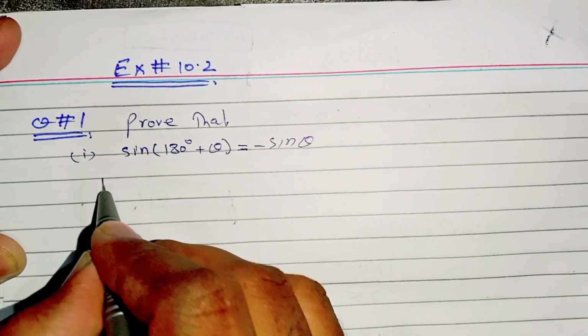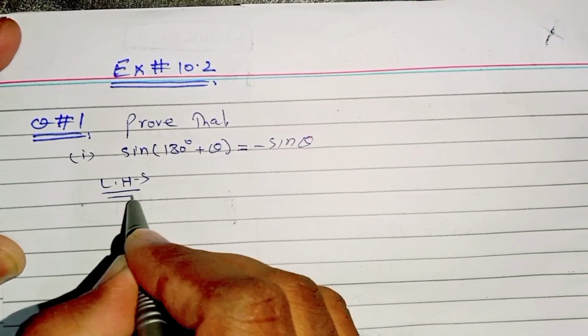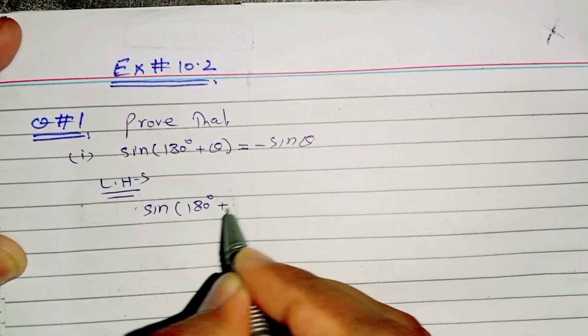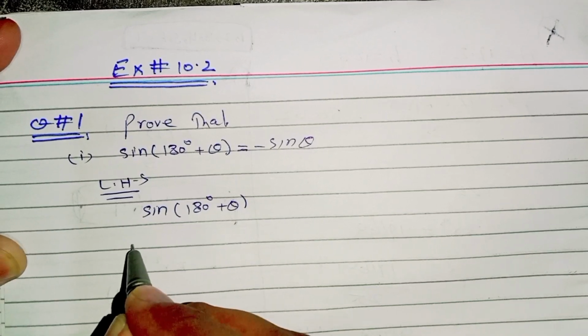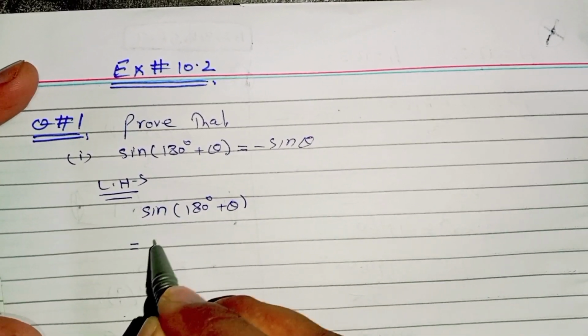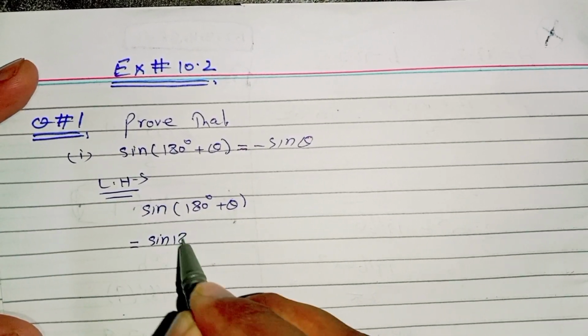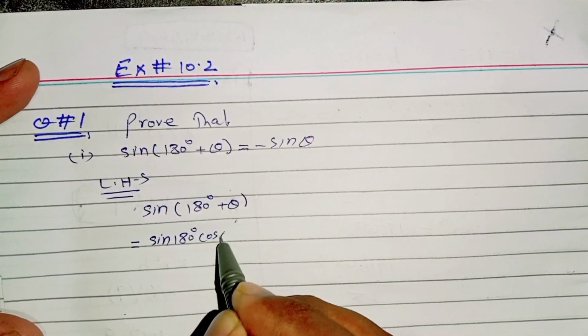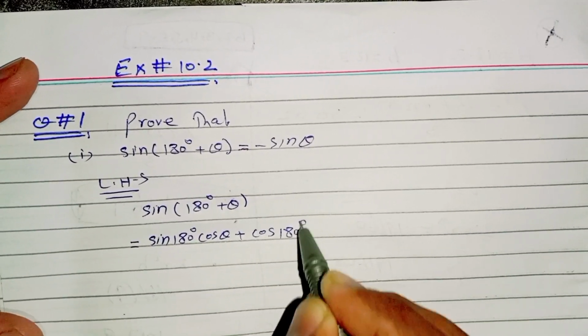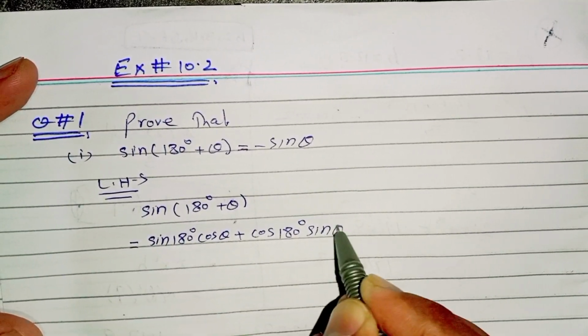Take left hand side, sin(180 degree plus theta). We use the formula for sin(alpha plus beta). We have sin 180 degree cos theta plus cos 180 degree sin theta.